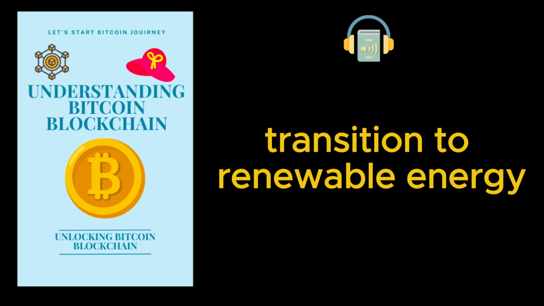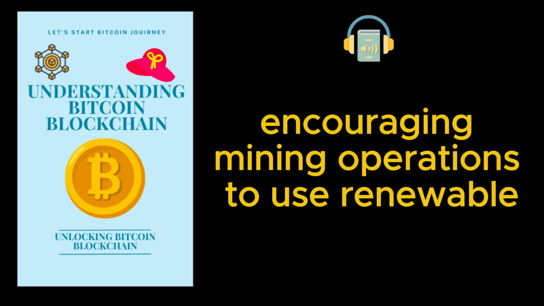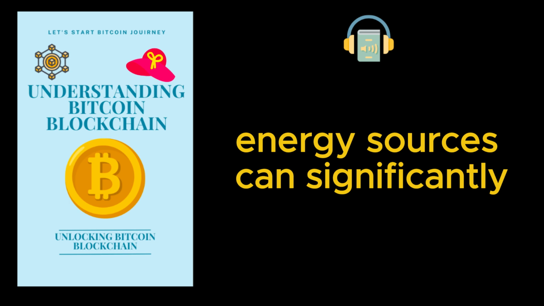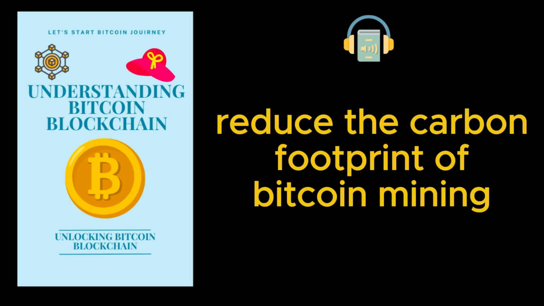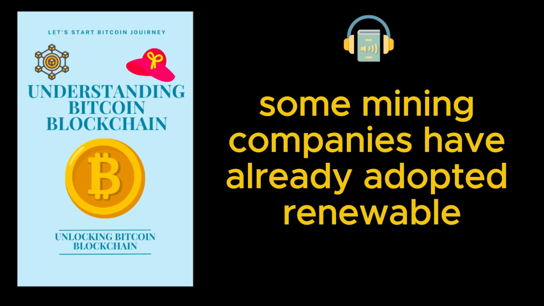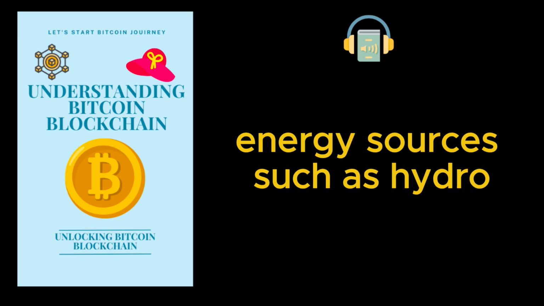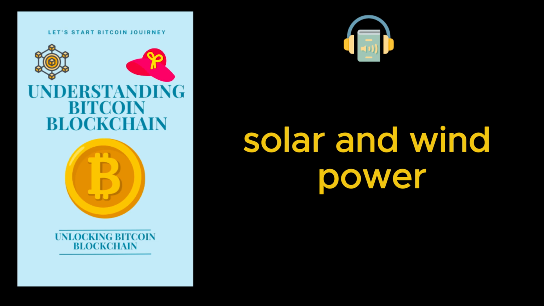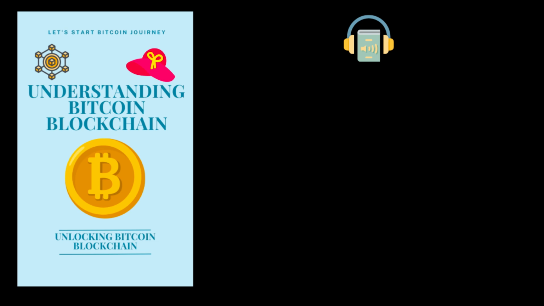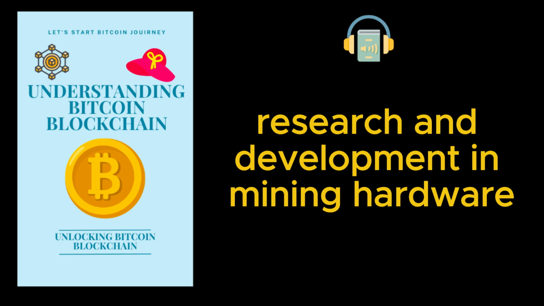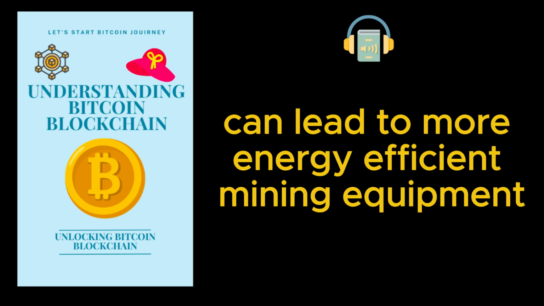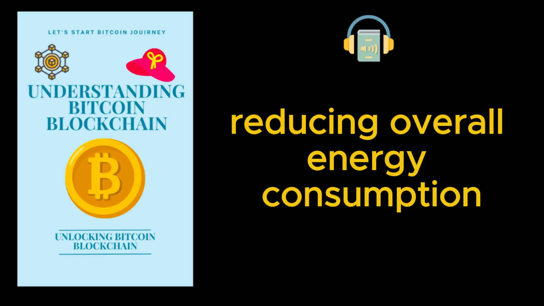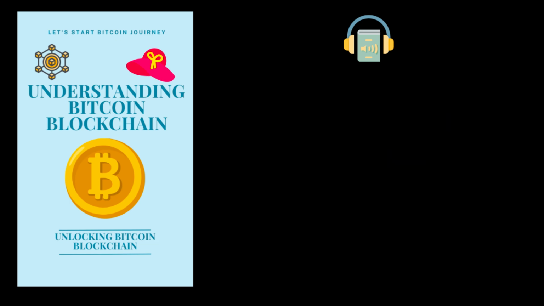Transition to renewable energy. Encouraging mining operations to use renewable energy sources can significantly reduce the carbon footprint of Bitcoin mining. Some mining companies have already adopted renewable energy sources such as hydro, solar, and wind power. Efficiency improvements. Research and development in mining hardware can lead to more energy-efficient mining equipment, reducing overall energy consumption.